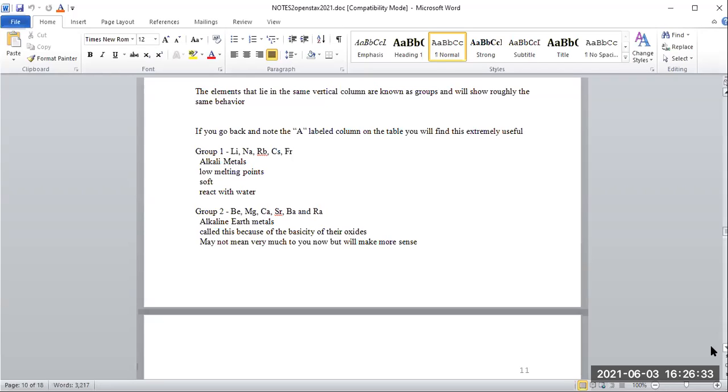Which kind of demonstrates the violence of the reaction, but yeah, it's a pretty dangerous thing to do.